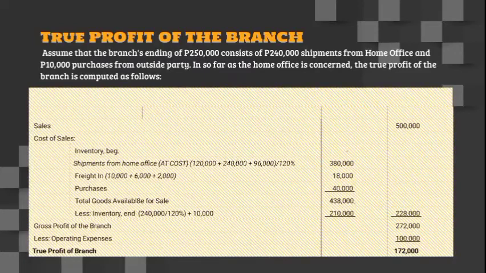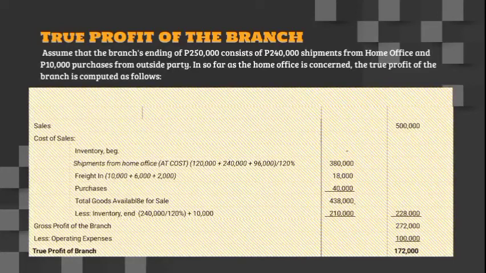To compute for the inventory end, 240,000 divided by 120% is equal to 200,000. Then add 10,000. Since 10,000 was purchased outside, we don't need to consider the markup percentage. Always remember that it is necessary to remove the markup that was added by the home office only. So, focus lang tayo sa home office sa pagtanggal ng markup. Okay, the total would be 210,000.